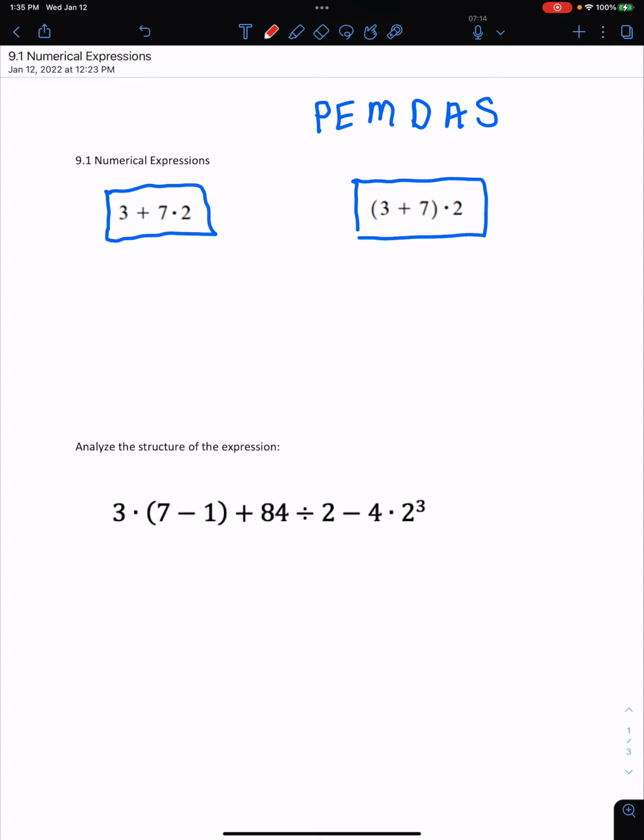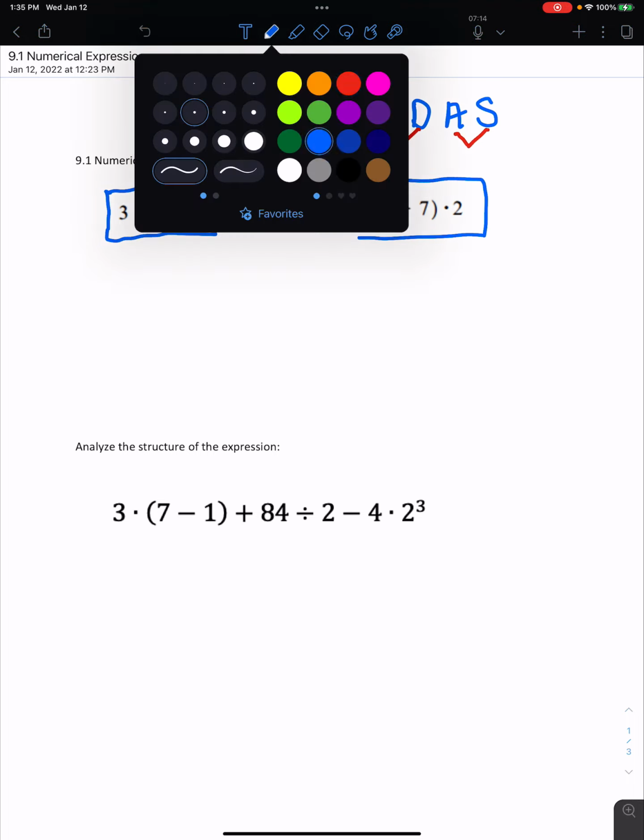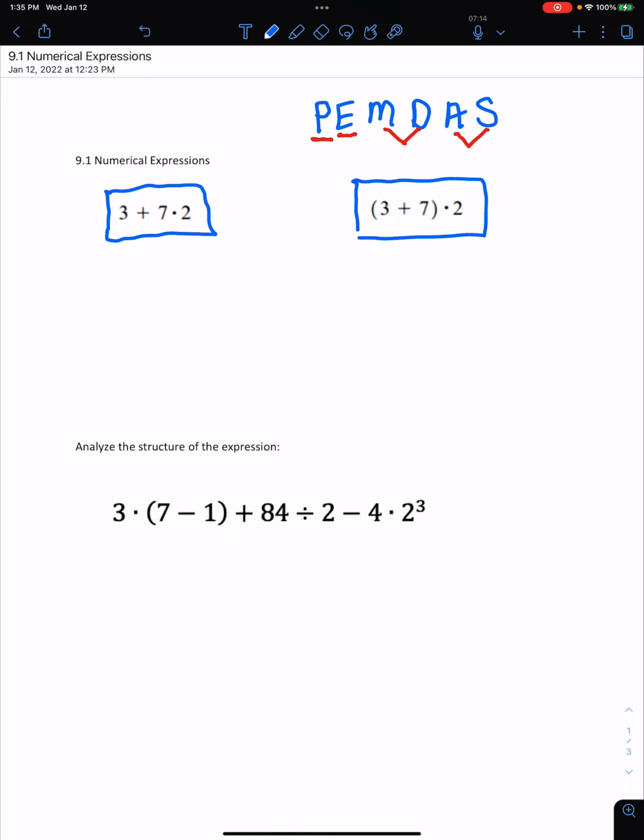So we start with the parentheses and we evaluate everything in the parentheses first. Then we evaluate exponents, multiplication or division next from left to right across the expression, addition or subtraction across the expression from left to right. So let's evaluate our two expressions and see if we get something similar or something different.